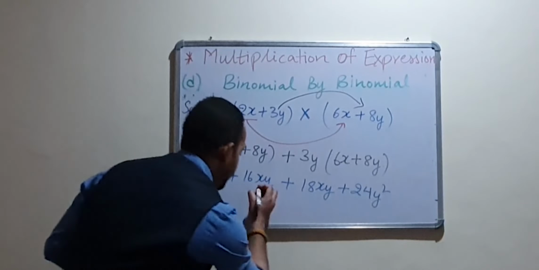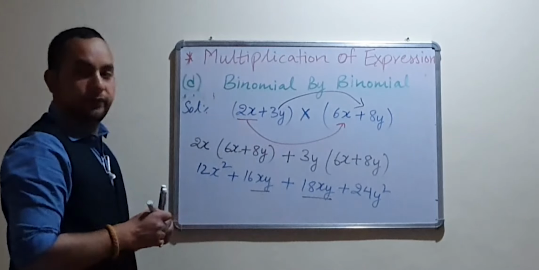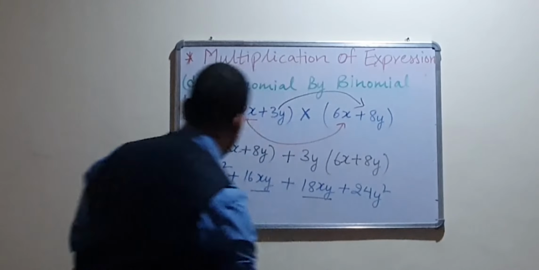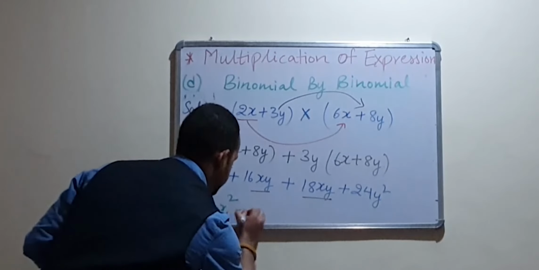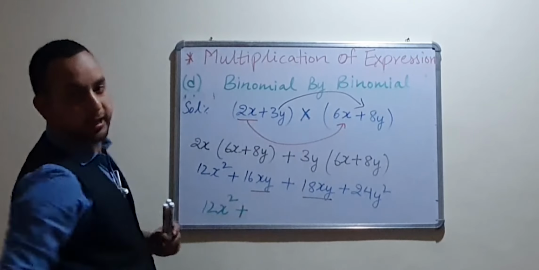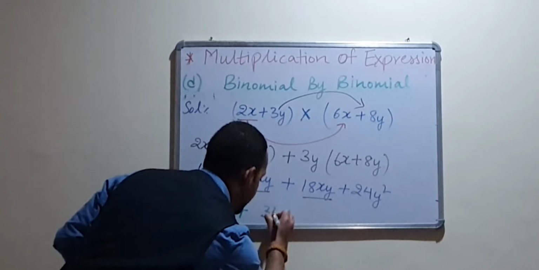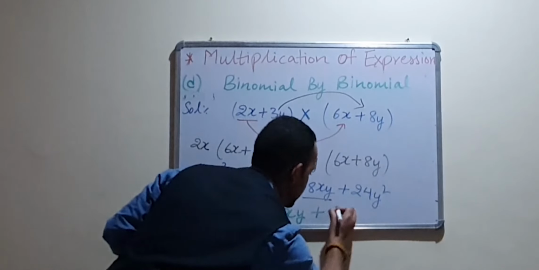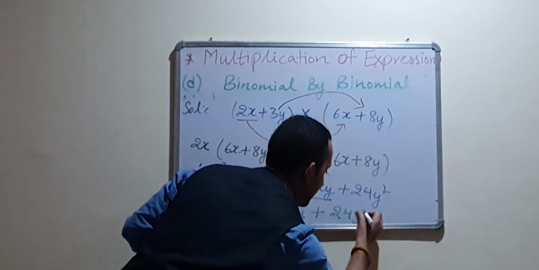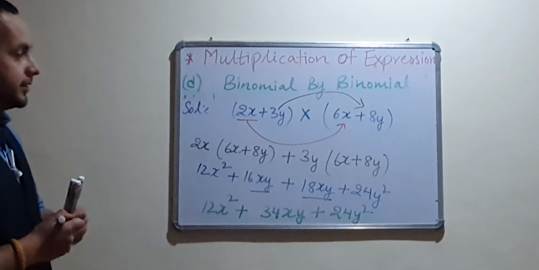Now these two are like terms. Again we are going to combine these two. So 12x square plus 16 plus 18 is 34xy plus 24y square. So this is your answer.